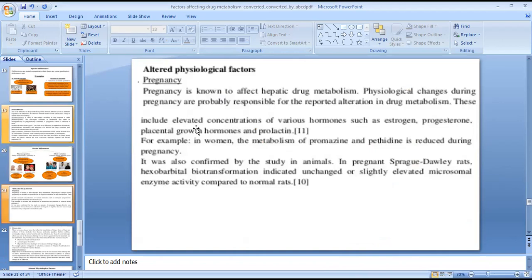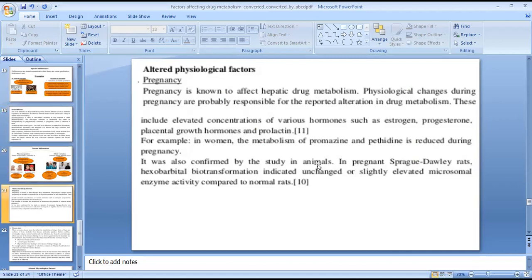Now the next factor will be altered physiological factors. The pregnancy stage of a woman is an important factor which will affect hepatic drug metabolism. The physicochemical changes during pregnancy are probably responsible for the alteration in drug metabolism. For example, in women, the metabolism of promazine and pethidine is reduced during pregnancy.